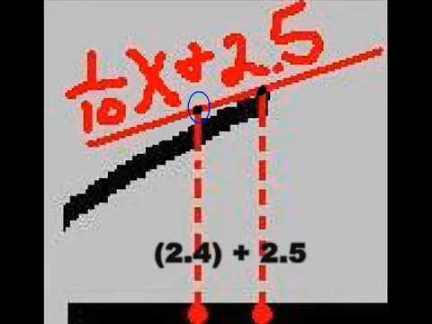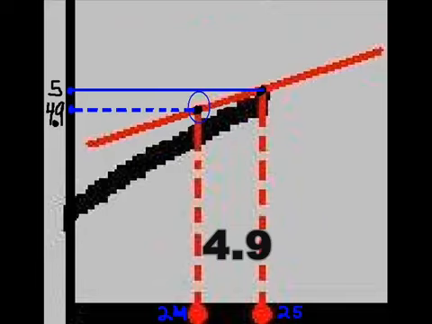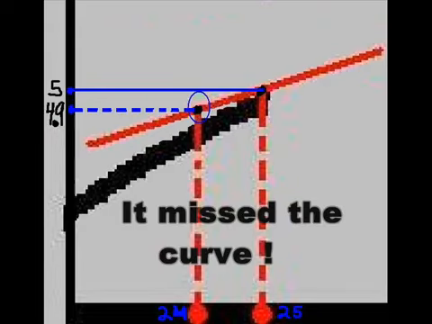Now my equation says 2.4 plus 2.5. Now I add these two up, and what do I get? You get 4.9. It missed the curve.